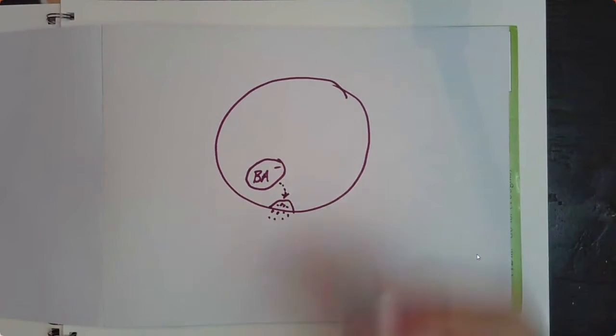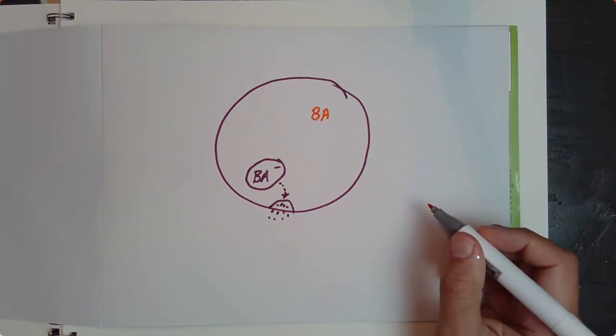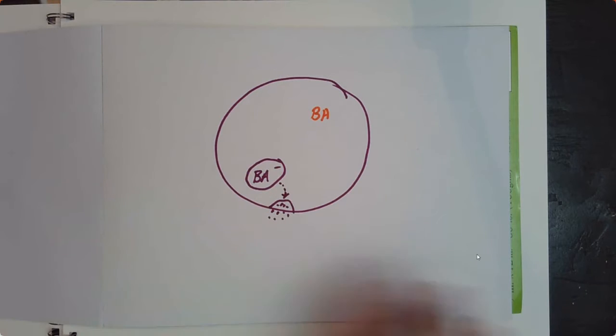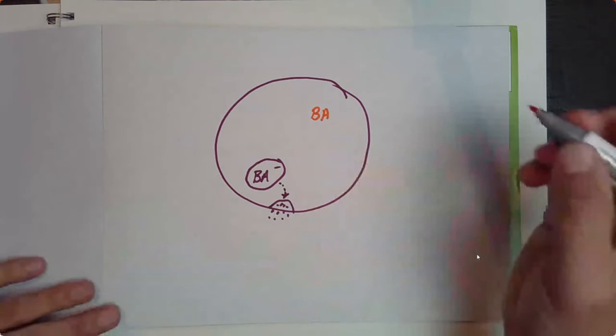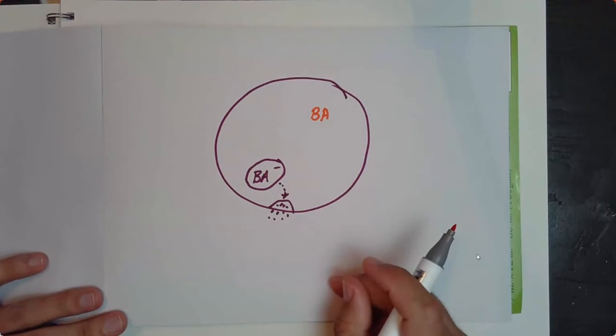All right, so now what if I had a biogenic amine that was not charged? Right now, it's not charged and it's not bound to anything. It's not stored on anything. It's just being produced. Everything in the universe is trying to go from an area of high to low.